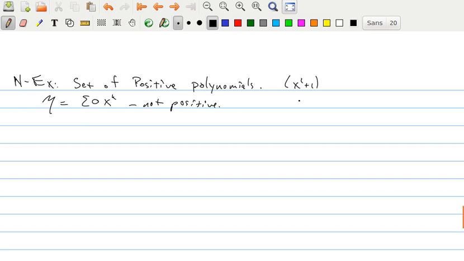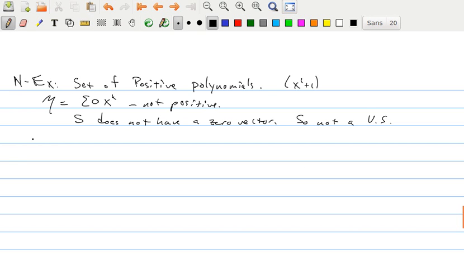So that tells me that this set does not have a 0 vector. So it's not a vector space. So if it fails one of the axioms, then it is not a vector space.